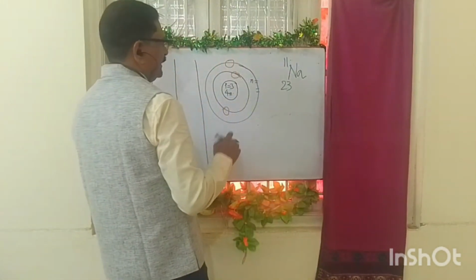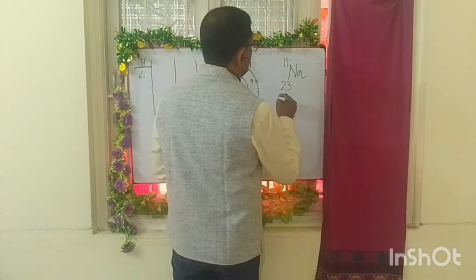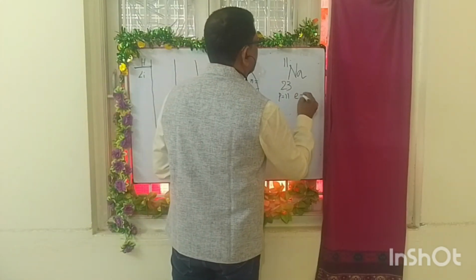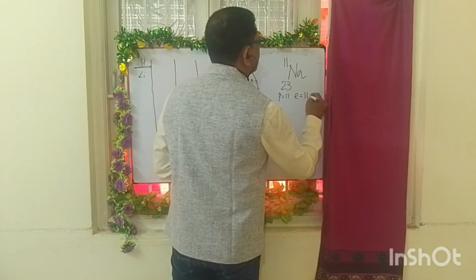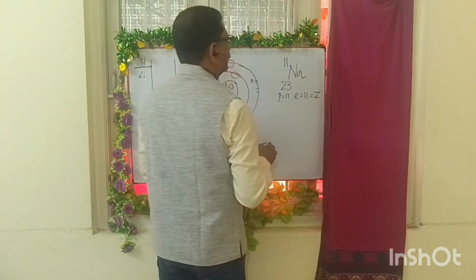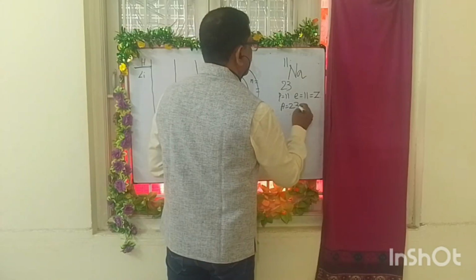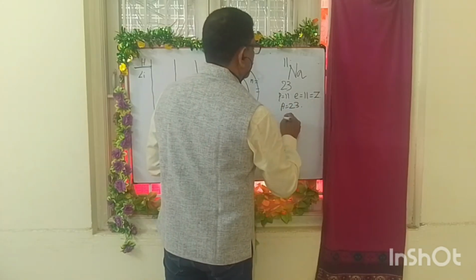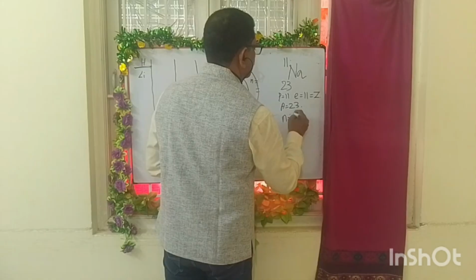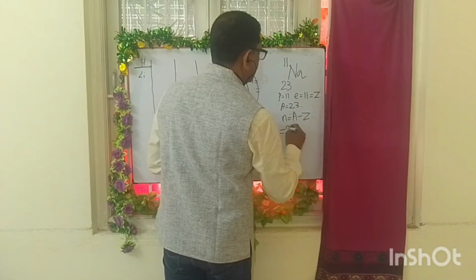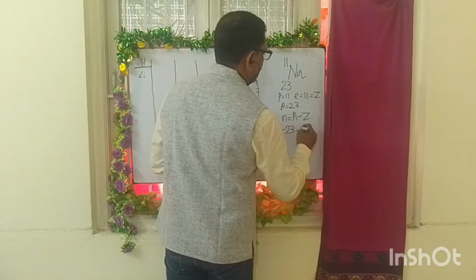Before starting the atomic structure, proton is equal to 11, electron is equal to 11, that is equal to atomic number. Atomic mass is equal to 23. So you have to find the number of neutrons. A minus Z, that is 23 minus 11.